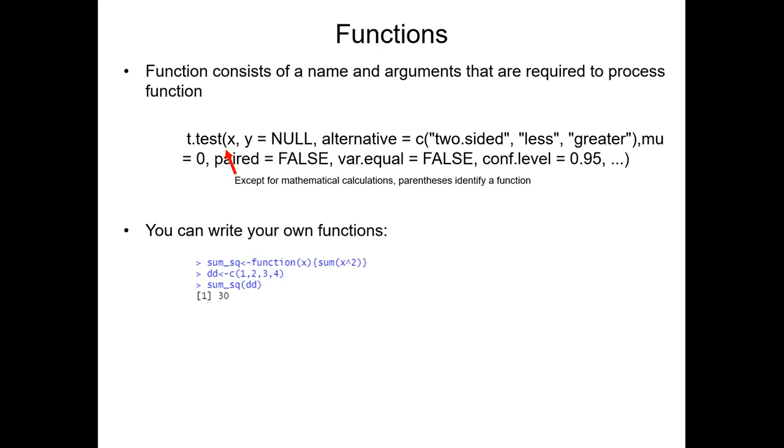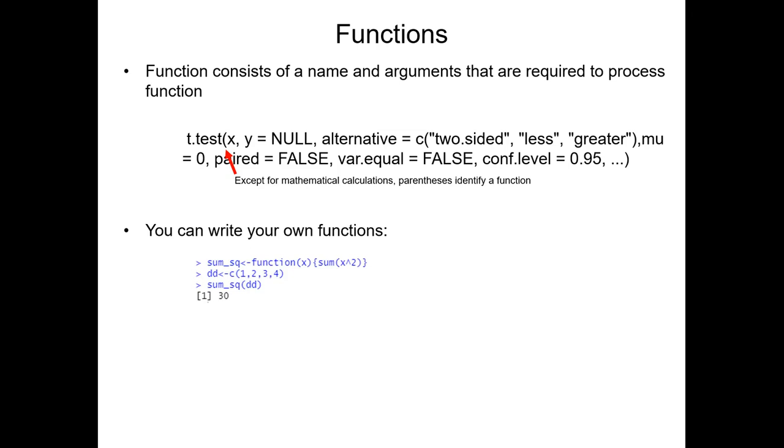You'll see this second line with dd. That's just a numeric vector, and then you surround that vector with the function name and parentheses, and dd is then manipulated as stated in that function, and you get a result of 30.